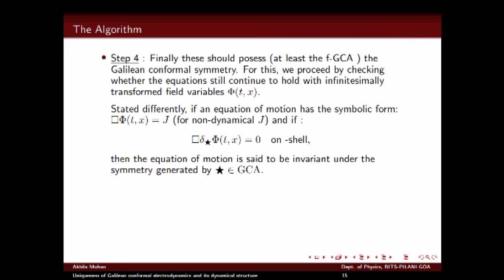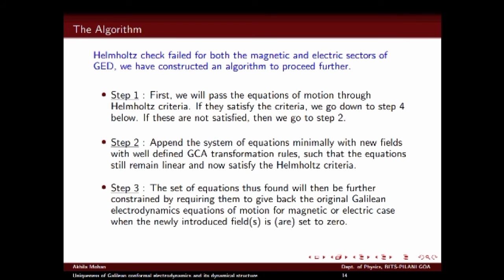And if you fail to get equations of motion which satisfy the Helmholtz criteria, you have to go to step 2, where you add extra fields to the system in such a way that these fields have well-defined Galilean conformal transformation rules, as well as the equations, and these equations should satisfy the Helmholtz criteria now.